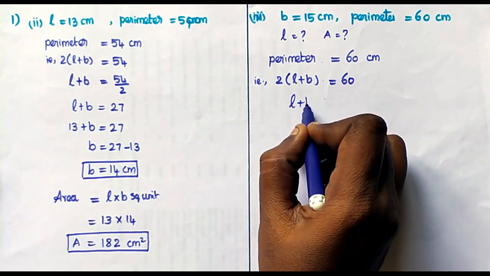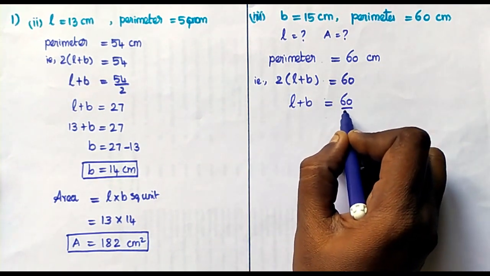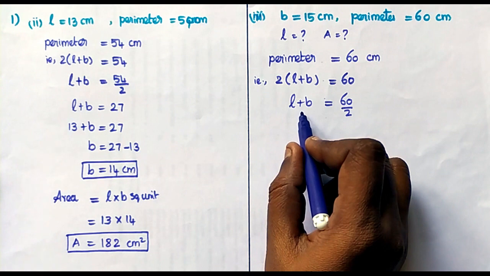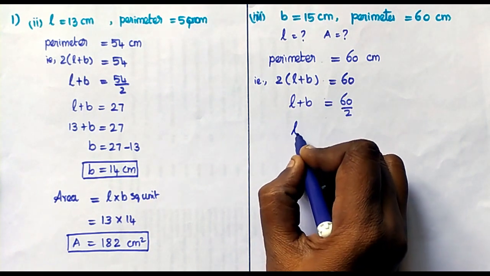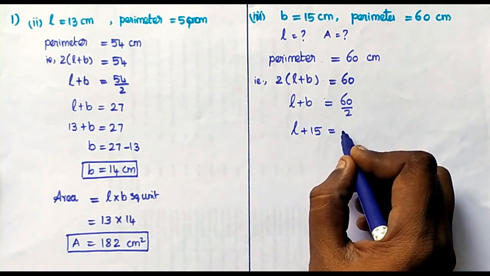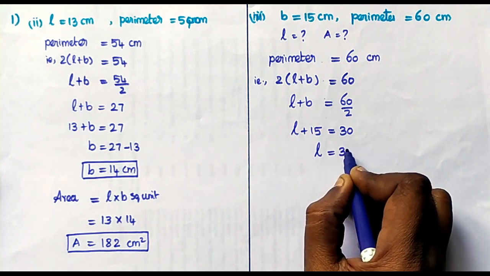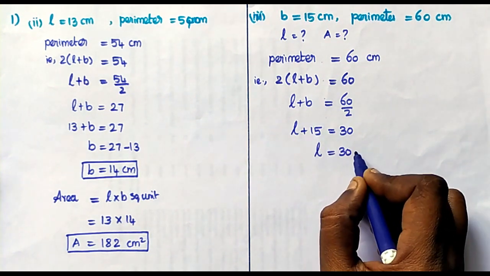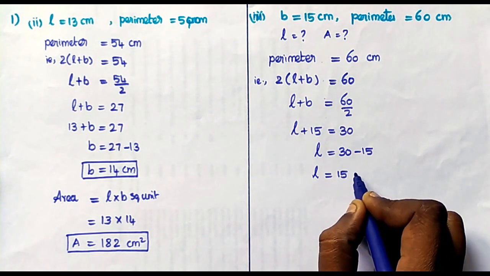Now L plus B equal to 60 divided by 2. Now what is the value of B? That is 15. So L plus 15 equal to 60 divided by 2, 30. Now L equal to 30 minus 15, bring this side, means minus 15. So L equal to 15 centimeter.